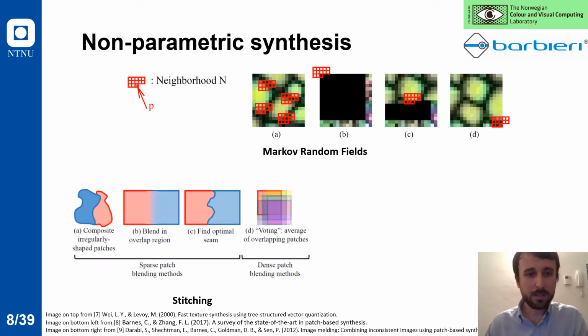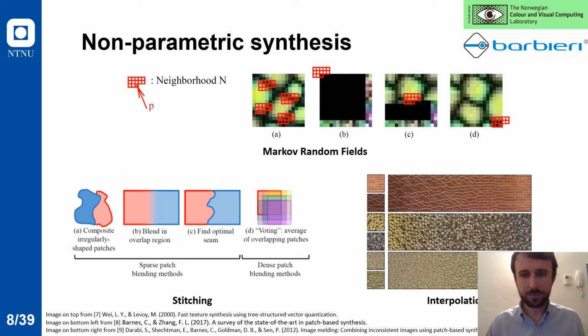Stitching based methods try to extract random patches from the original image and merge them together in a homogeneous way. Finally, interpolation-based techniques try to find a smooth transition between two different textures.